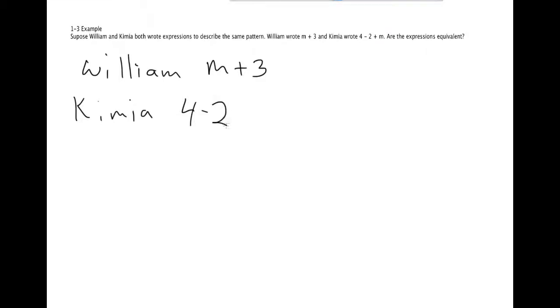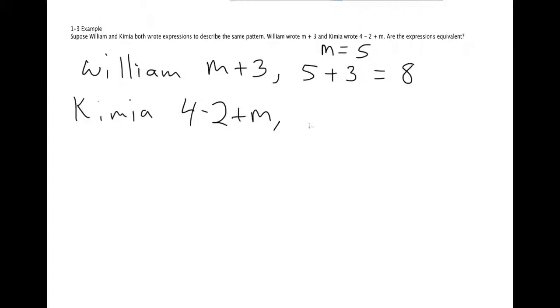So for William's expression, we had m plus 3. Kimia's is 4 minus 2 plus m. So now if we substitute for these, that m equals 5, we can see what kind of result we get for both of them. In the case of William, we have 5 plus 3. 5 plus 3 equals 8.